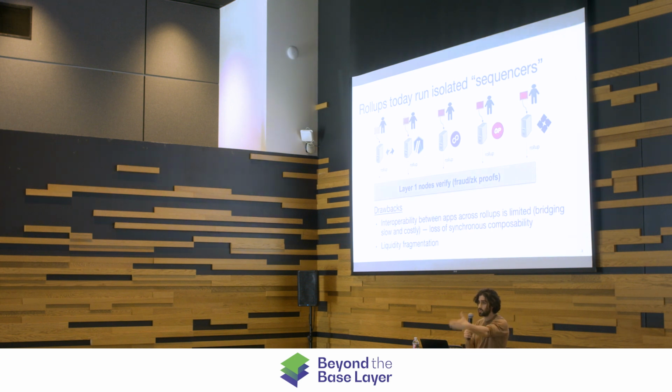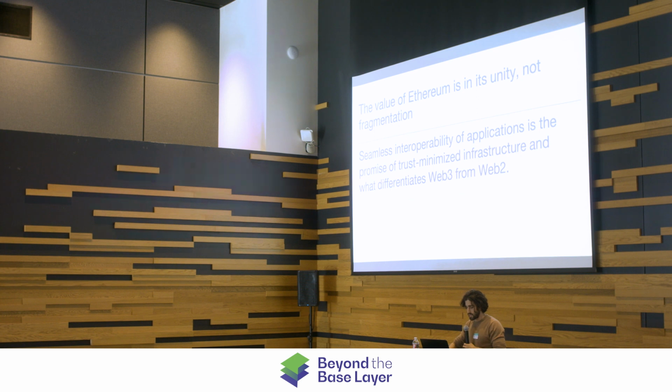Right? So yes, you can build your own app chain, but you risk being isolated from all other applications. It also results in liquidity fragmentation. And the value of Ethereum, as you've heard me saying, is in its unity, not fragmentation. Seamless interoperability of applications is the promise of trust minimized infrastructure, and what differentiates Web 3 from Web 2.